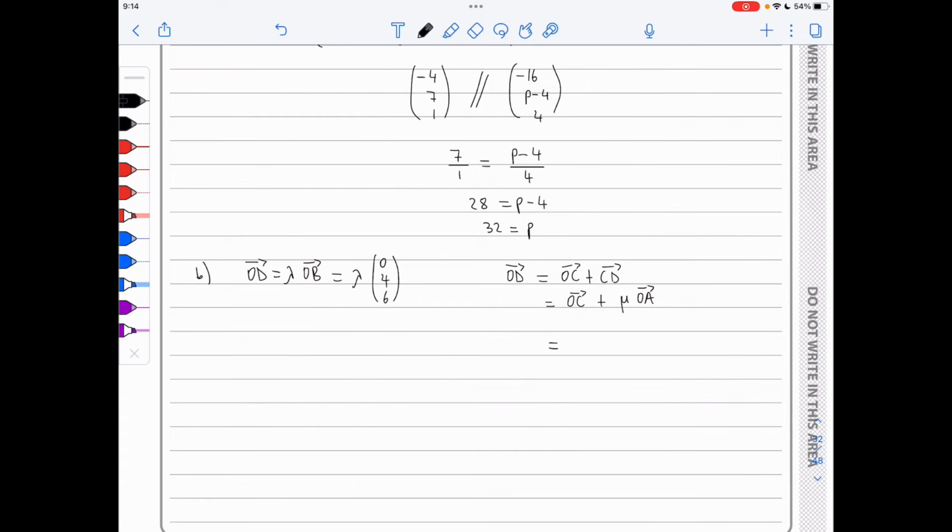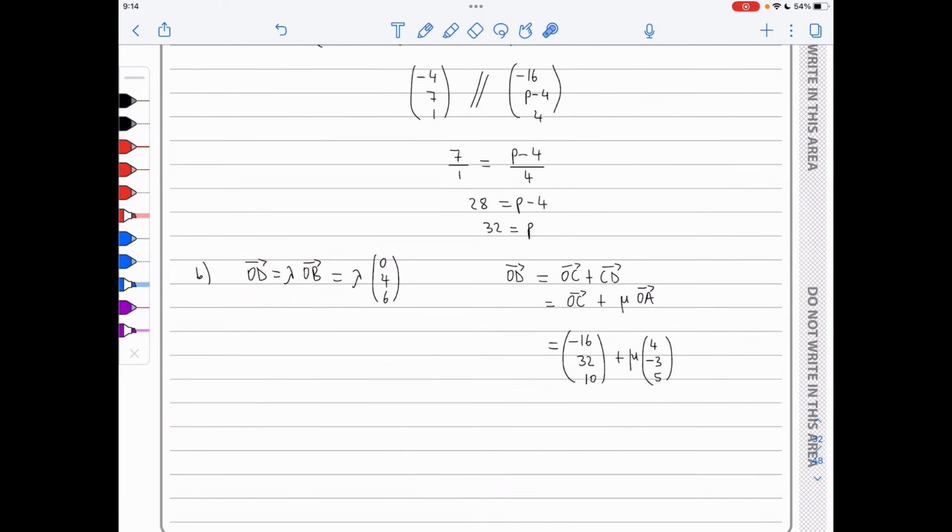So OC is (-16, 32, 10), with the value of P we just obtained, plus mu times OA, which was (4, -3, 5). And I have just expressed the same vector OD in two different ways.